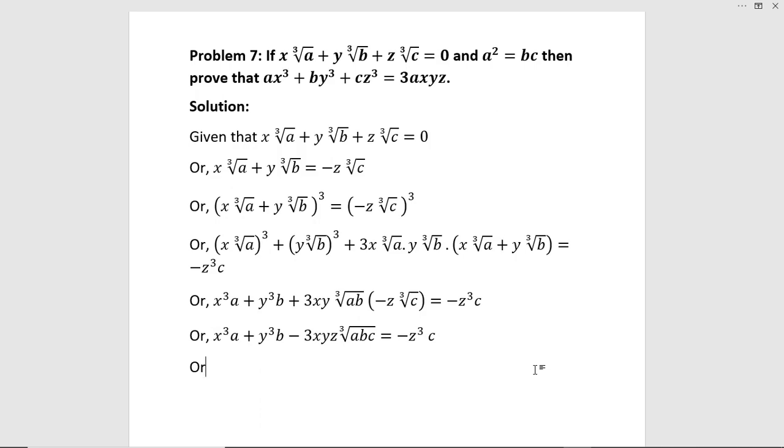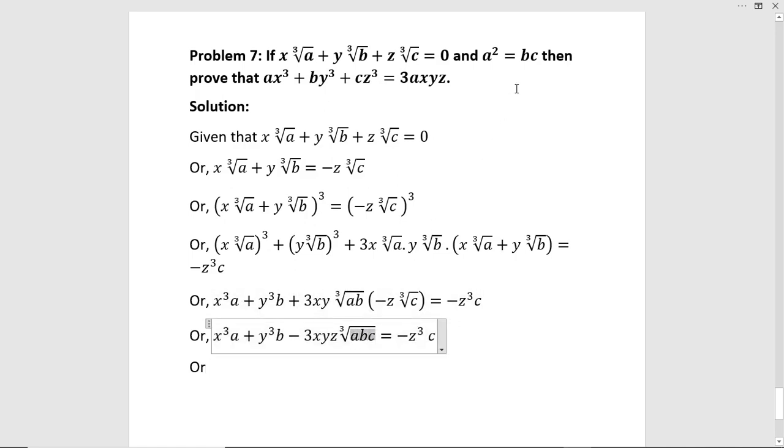So you can see that we have already got three terms, ax cube, by cube, and cz cube. And also we have got this term 3axyz. So in 3xyz, we have to write this abc as a.